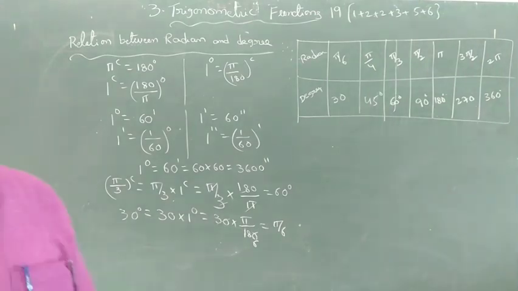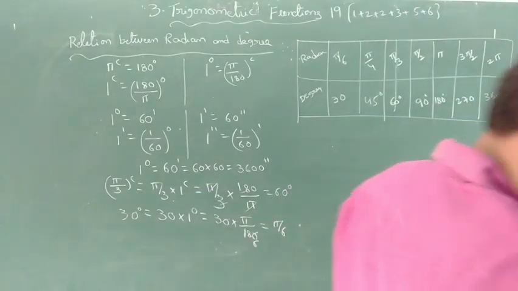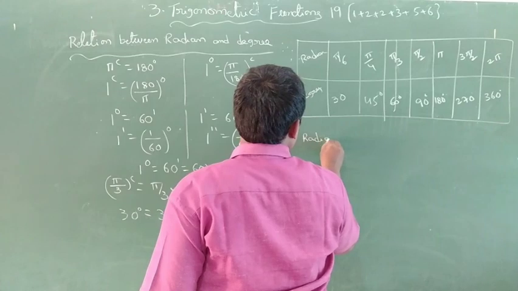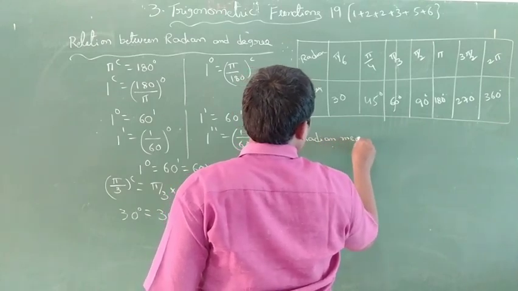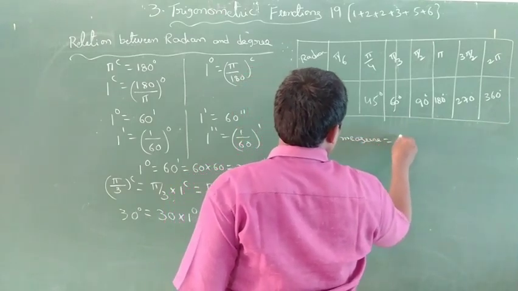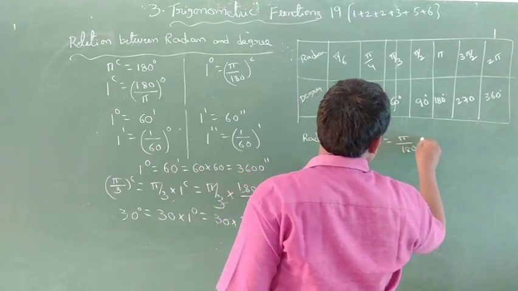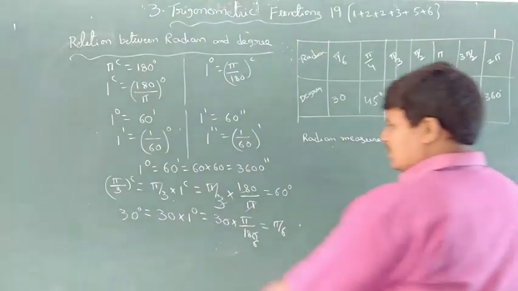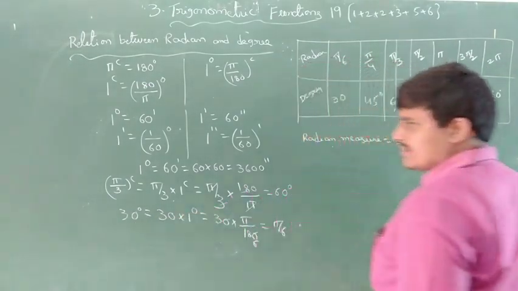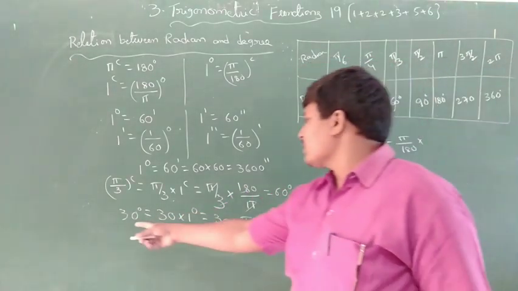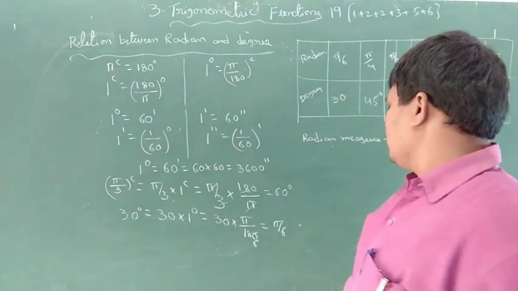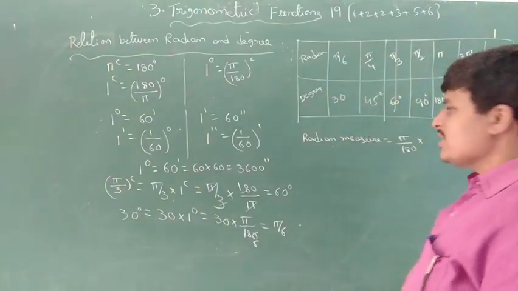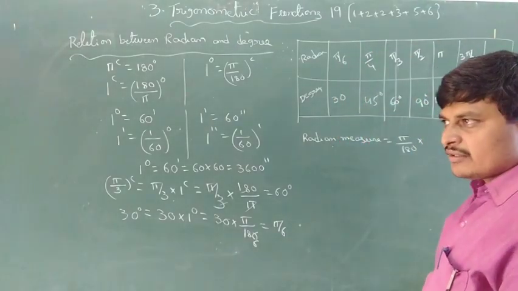Next one. Radian measure is equal to pi by 180 into degree measure. If you want radian measure, what do you have to be given?